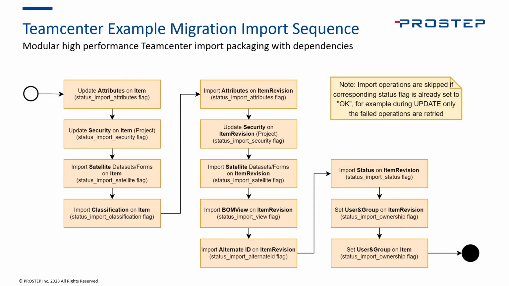Within OpenPDM Migrate, here's an example of a Teamcenter import sequence. What you would do is functionally break these down so that you could execute in bulk updates to a process to ensure that the dependencies are available for any of the items.